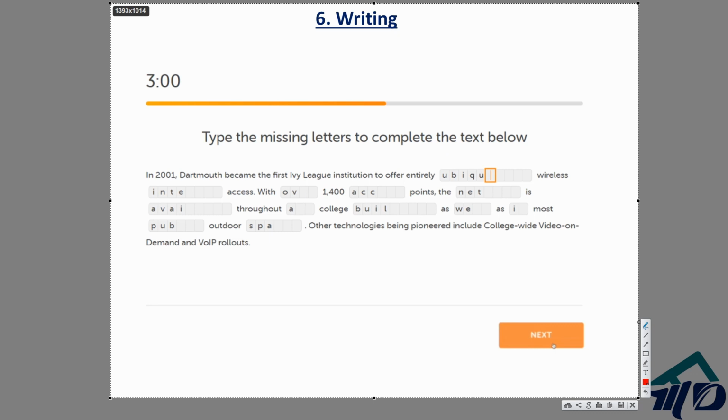As I already explained, for example, what could be your answer here? With over, you have to write E and R. Access. This word would be your access. Network. Available. Internet.